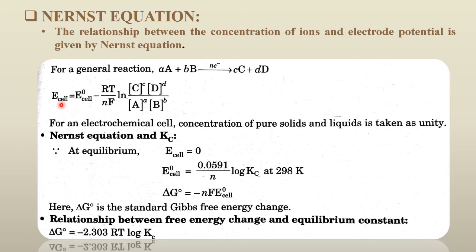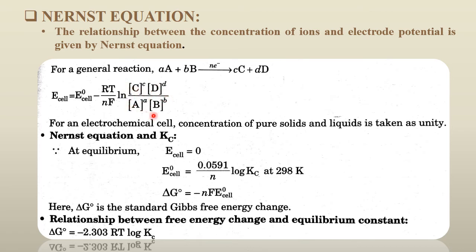So the cell potential formula is E cell equals E0 cell minus RT upon nF, natural log of Qc. What is R and T? R is the real gas constant and T is the temperature, right? n is the number of electrons exchanged, F is Faraday's constant. What is this Qc? The concentration of the products, right?